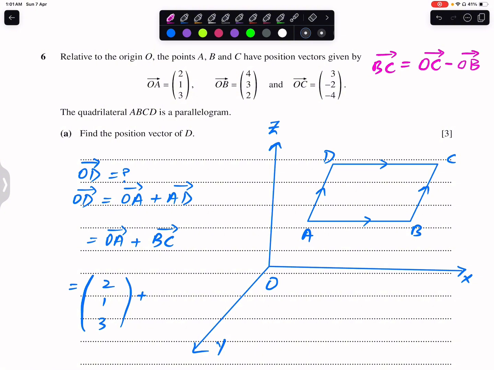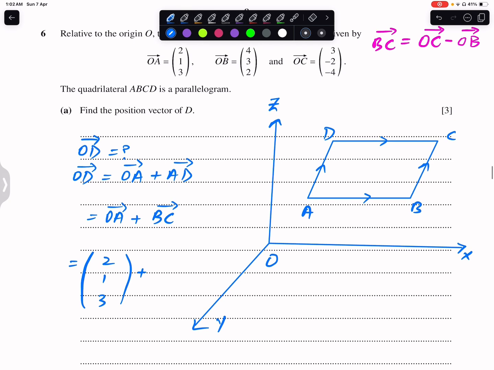So now write BC as OC minus OB, which is 3, 2, 4 minus 4, 3, 2.